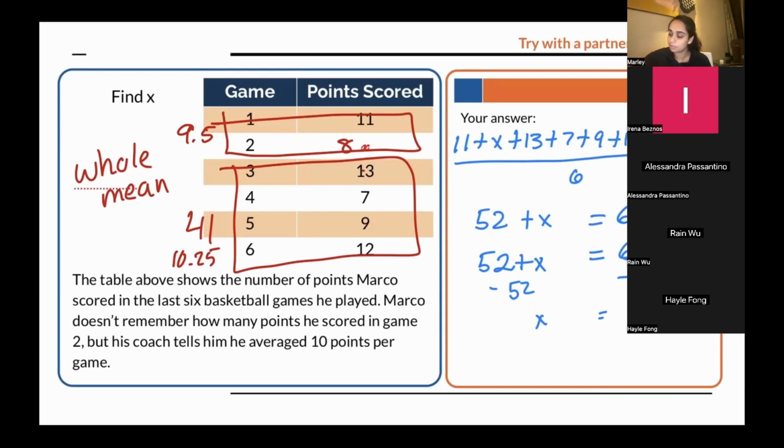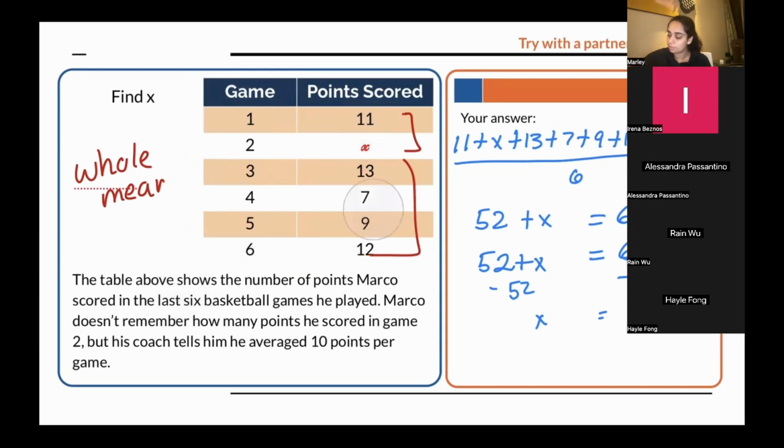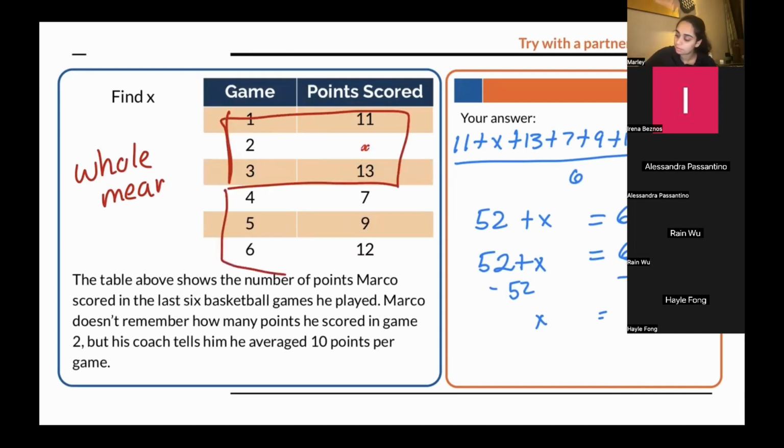But if it were 3 and 3, you would get it. If it were this and this mean, so 11 plus 8 is 19. 19 plus 13 is 32, right? 24 plus 8 is 32. Yeah, and then 7 plus 9 is 16. 16 plus 12 is 28.